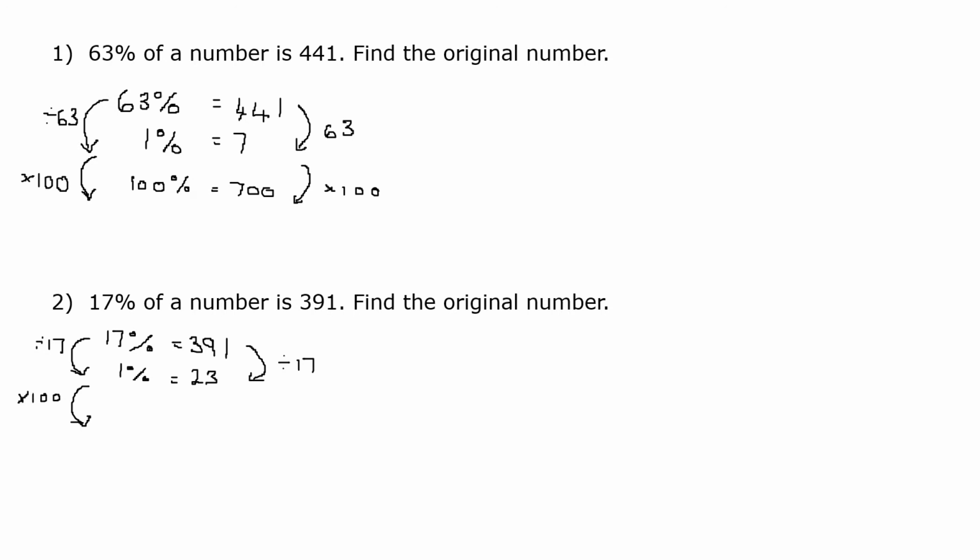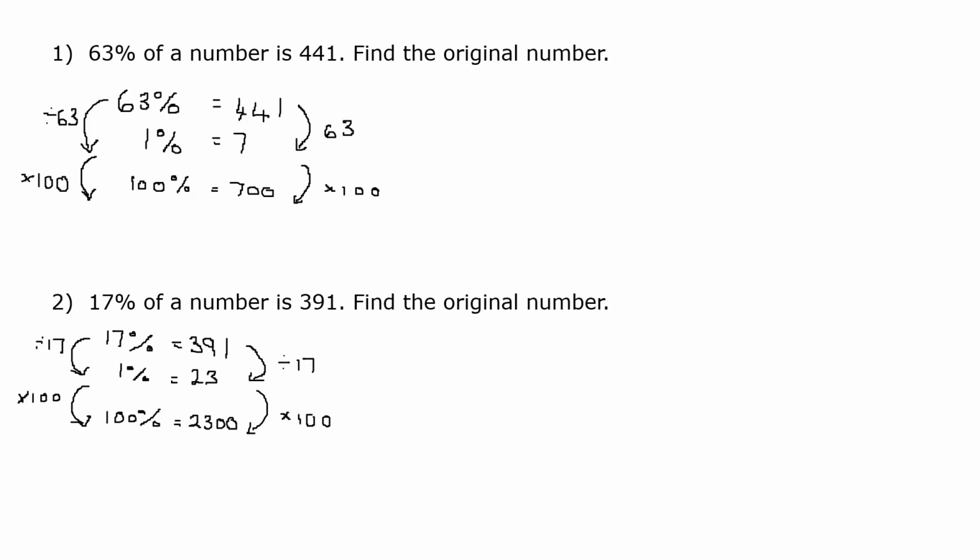Now I'm going to multiply both sides by 100. So I'll get 100% on the left-hand side, and that will be equal to 23 times 100, which is 2,300. So my original number is 2,300.